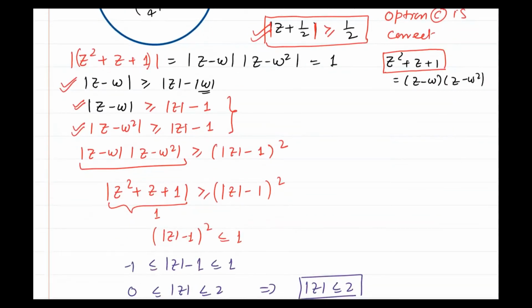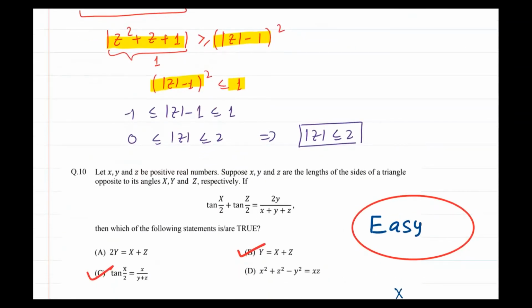If you multiply them, we get modulus of (z minus omega) whole square into modulus of (z minus omega), and this must be greater than modulus of (z minus 1) whole square. Again we have to put this as modulus of z square plus z plus 1, and this is greater than or equal to modulus of (z minus 1) whole square, and now we get modulus of (z minus 1) whole square less than 1. Then we have to solve this inequality and get the option.